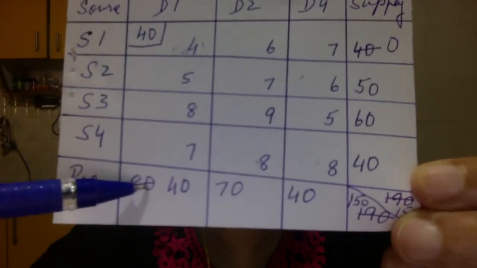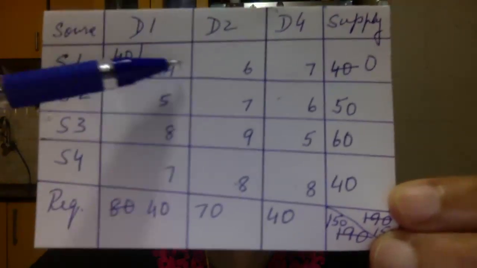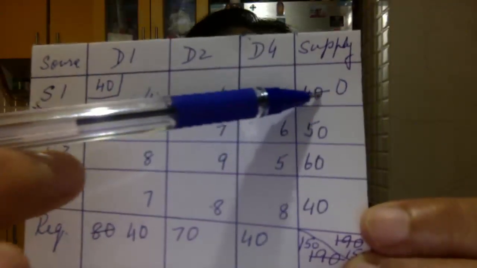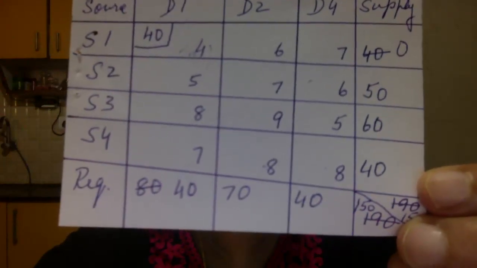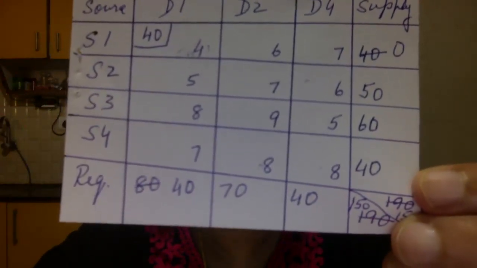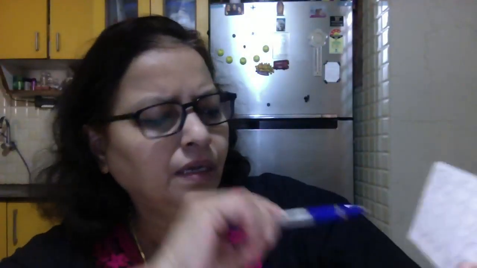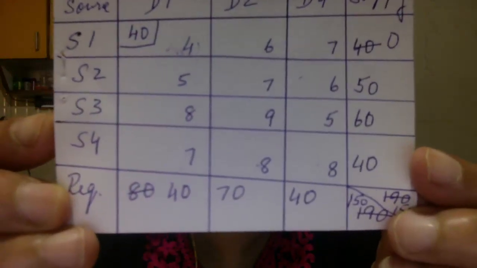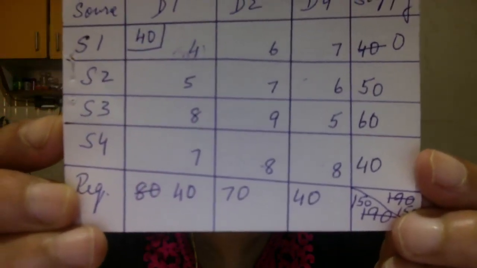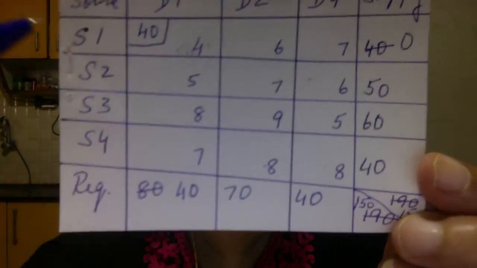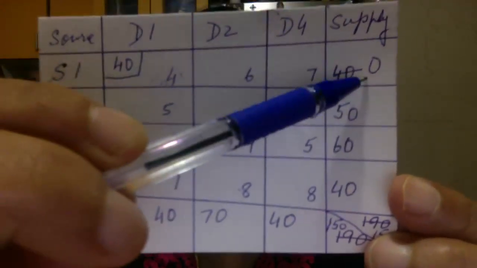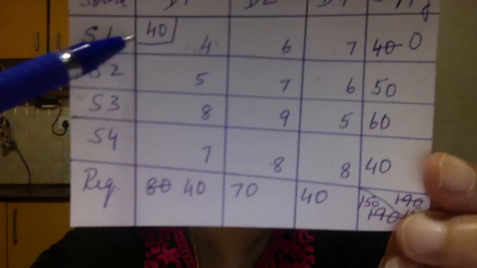This became 80 minus 40, 40. This became 40, cut 0. So this is over. As you can see, here now S1 is eliminated. I'm going to make one more matrix, the third matrix. In this matrix, I'm going to eliminate S1 because it is 0. This is eliminated.